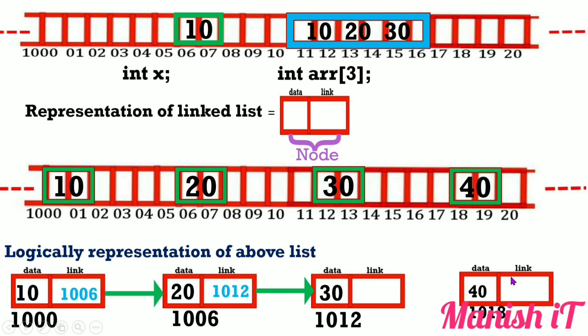We are still at 30, but to go to 40 we have to create the correlation between the two nodes.